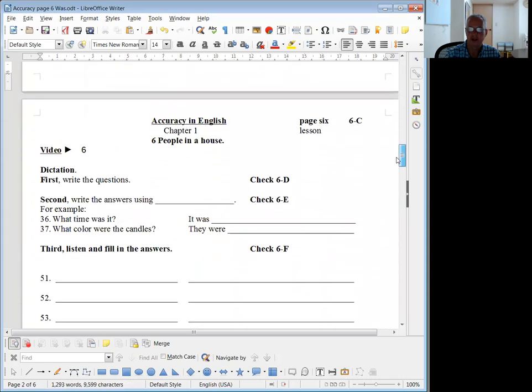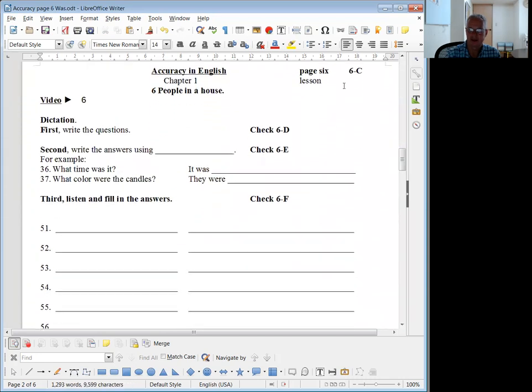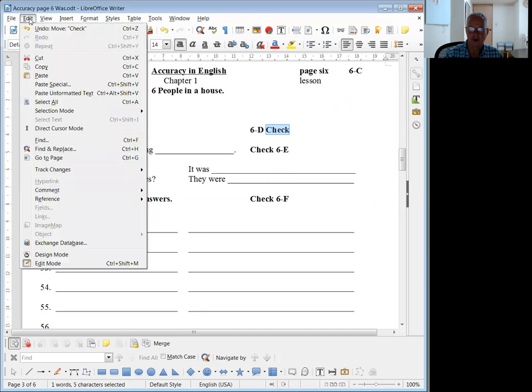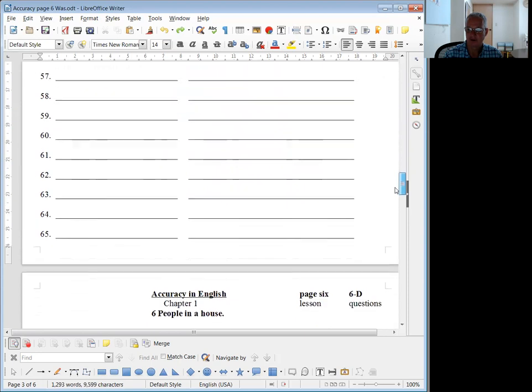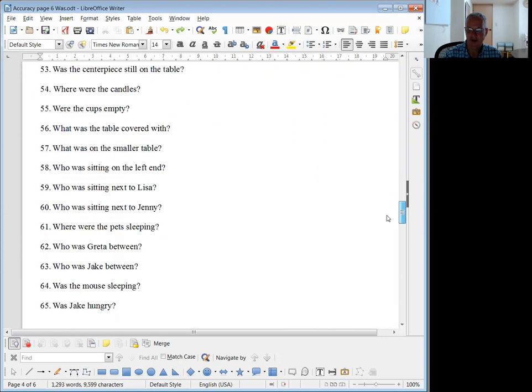Go to page C. And here we are. Page C is the same as Unit 5, page C. There are 3 steps. We have dictation. First, write the question right here. And you check on page D. So after you write the questions, check them here.